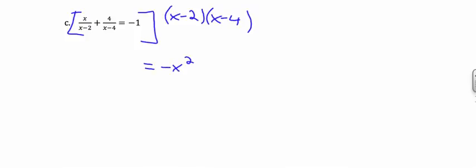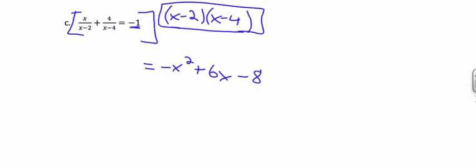I would get minus 6x if I multiplied all this out. That's now a plus 6x because I'm distributing this negative 1. And then negative 4 times negative 2 is 8. Multiply the 8 times the negative 1. There we go. Okay, so I FOILed these out and then multiplied everything by negative 1.